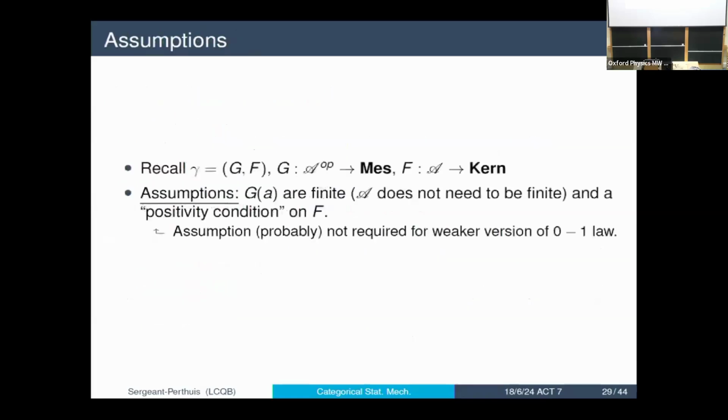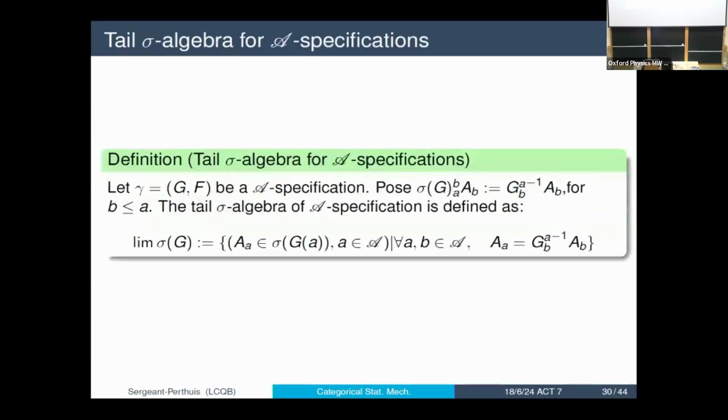So the generalization of this result: I assume a positivity condition on F being the diagram, the functor that sends relations of the poset to Markov kernels, though I think I could do without it.